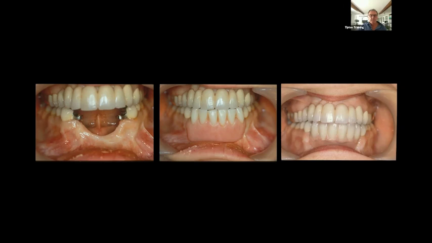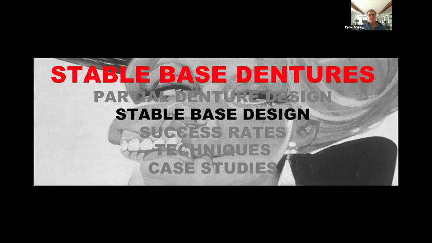So let's look at the stable base design, and let's see now what changes from what we've discussed with our conventional partial denture design. And again, I remind you that we're talking here about partial denture designs for free-end saddles that are mucosal borne.